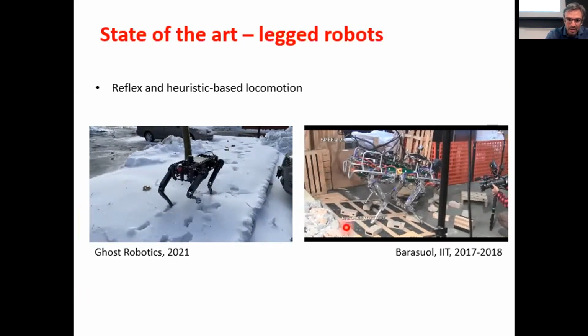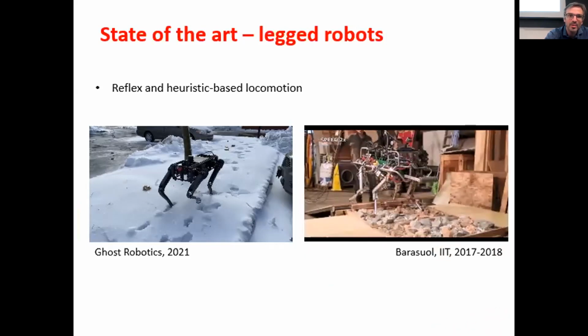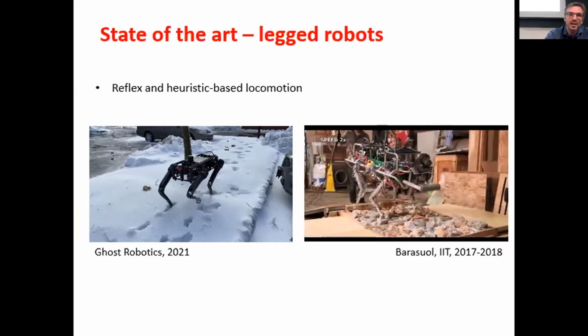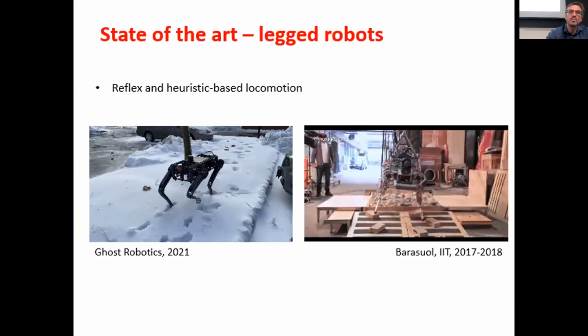And in this case, you will see that whatever I was telling you before, the robot is moving on the pyramid, and here is traversing a terrain with big rocks.